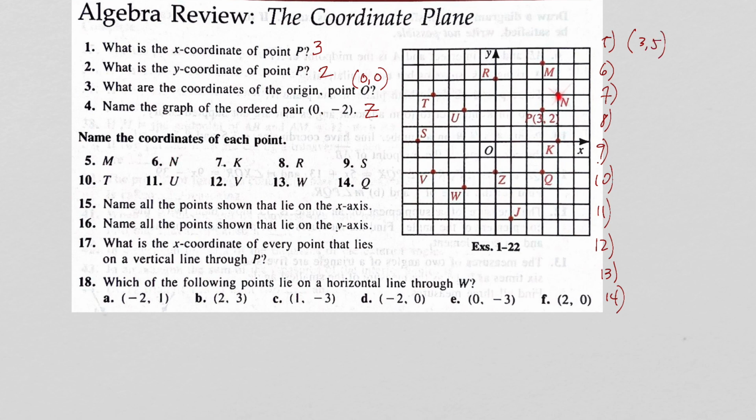Point N is there, so it's 4, 3. Point K, let's see, K is there, so it's 4, and 0 up and down.